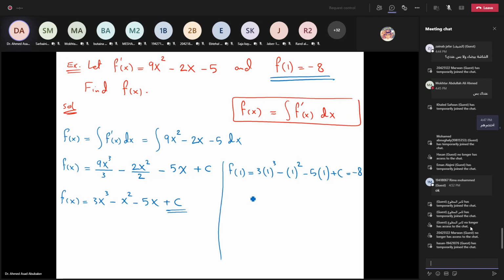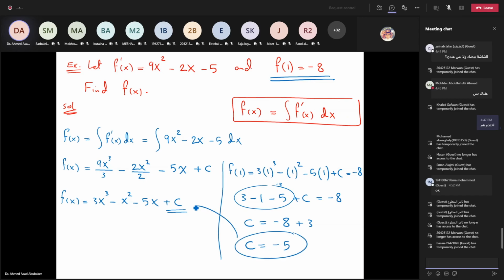So 3 minus 1 minus 5 plus c equals negative 8. So c equals negative 8, and this equals what? This equals 3 minus 6 minus 3, and moving to the other side, we have 3. So c equals what? Negative 5.